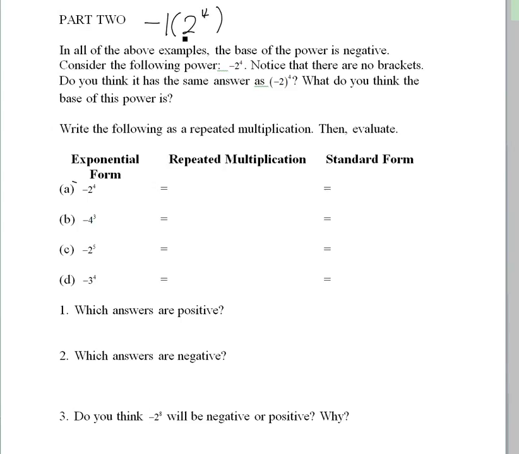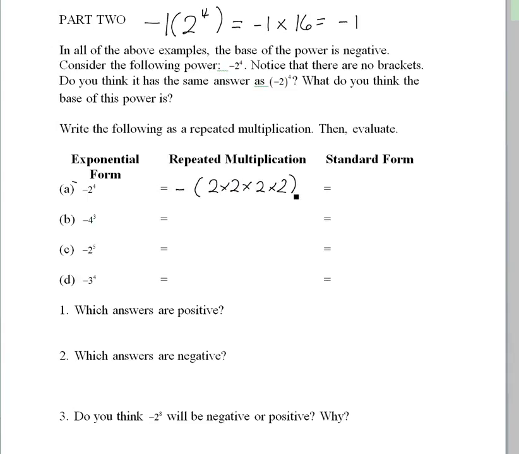If we follow BEDMAS, we have to do the exponent first, then we apply the multiplying by -1. If we wrote it out as a repeated multiplication, it would be negative times 2 times 2 times 2 times 2.